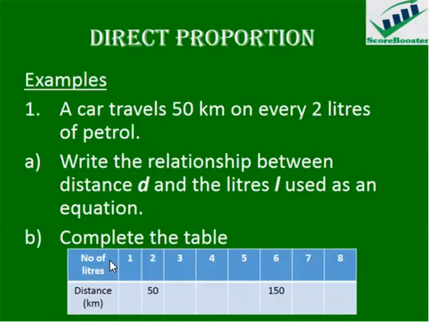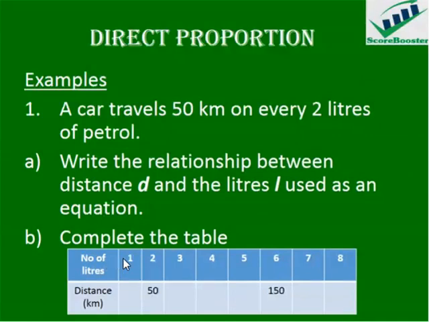So the first example says a particular car travels 50 kilometers on every 2 liters. If he puts 2 liters of petrol in his car, he is going to travel 50 kilometers. So we have to write the relationship between distance d and the liters L. Here we are dealing with the distance the car can travel and the liters of petrol it's using. You should write it as an equation, and then we'll complete this table.